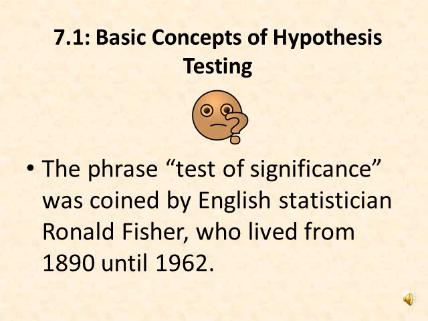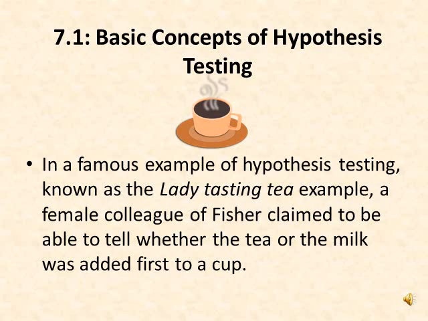The phrase test of significance was coined by English statistician Ronald Fisher, who lived from 1890 until 1962. In a famous example of hypothesis testing, known as the lady tasting tea example, a female colleague of Fisher claimed to be able to tell whether the tea or the milk was added first to a cup.